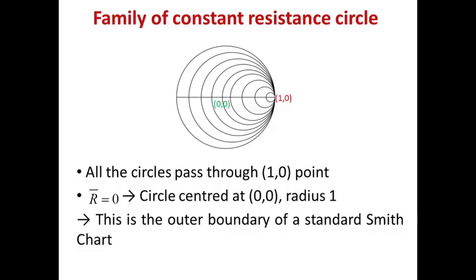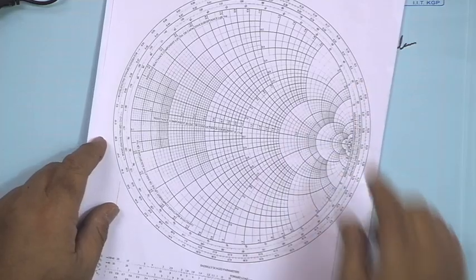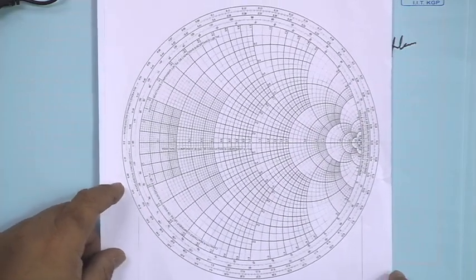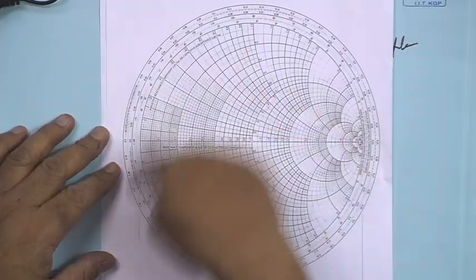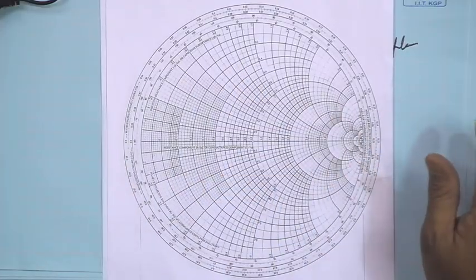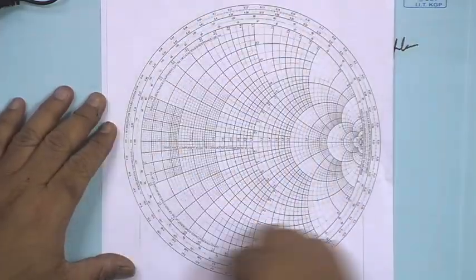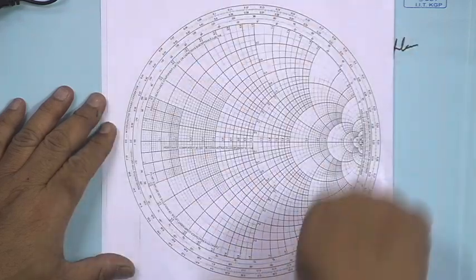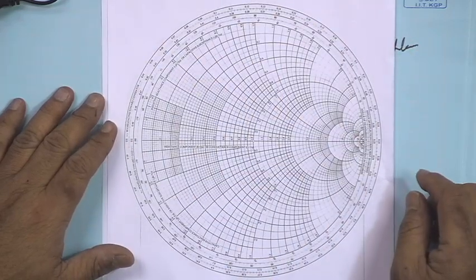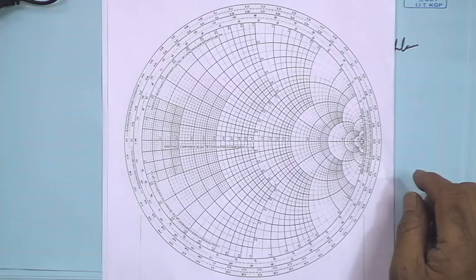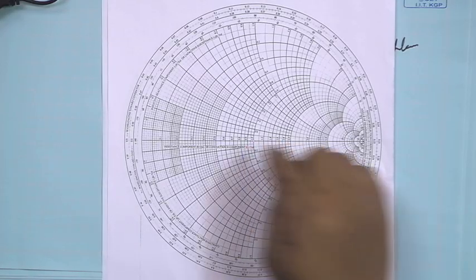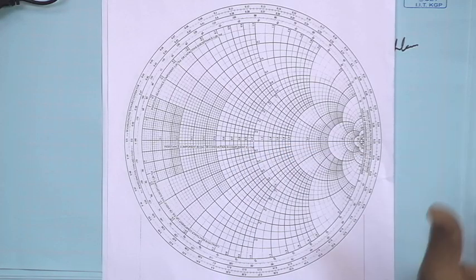The Smith chart you can find, it will be uploaded on your site also. So, this chart is the Smith chart. You see all these are constant resistance circles, and this outer boundary corresponds to the r bar is equal to 0 circle, its center is at 0, 0 and its radius is 1.